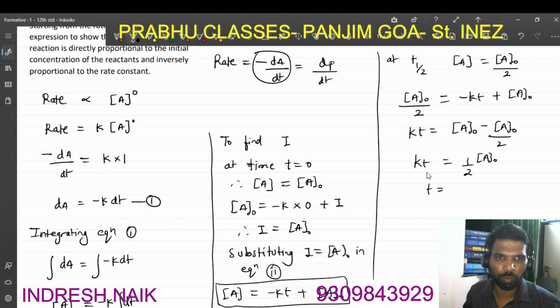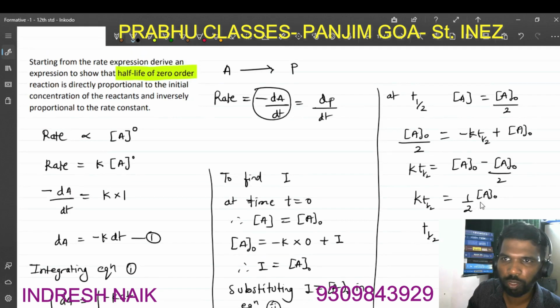So this t will be t half. So t half is equal to A naught upon 2k.